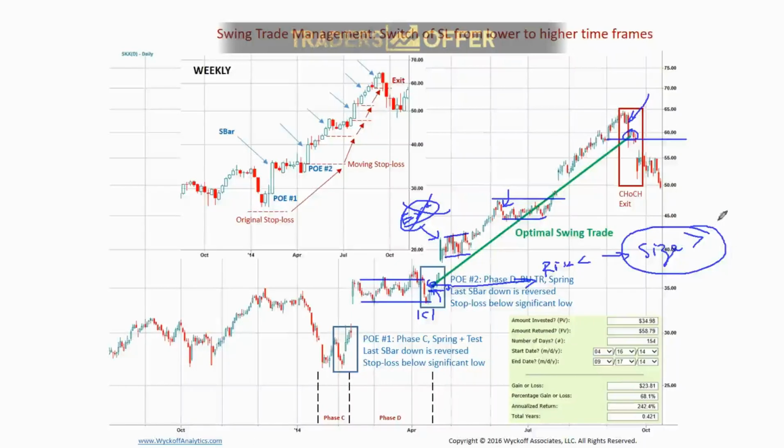You are basically, on the increased size, having a substantial profit.